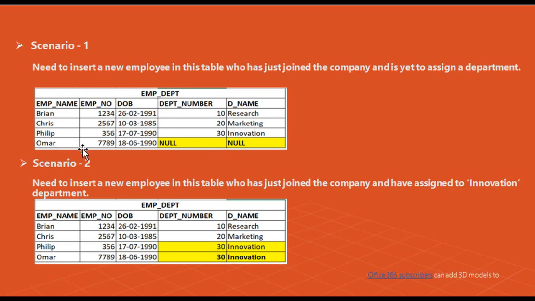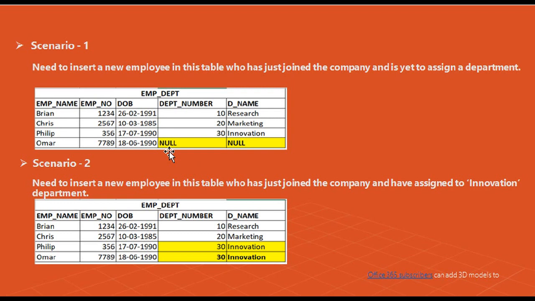Now let's think in this way: on a particular day, a company hired like 500 employees. So 500 rows will be created here, and 500 null records will be created in the department number and department name columns, which is a very bad design. Now, what are the problems that could be associated with these null values? We'll see later.